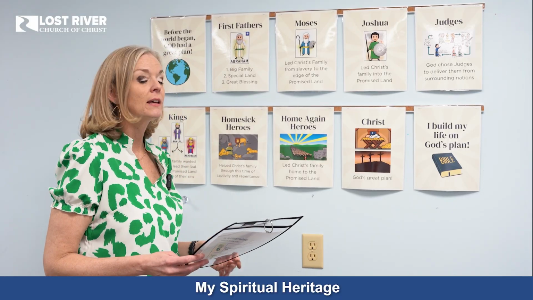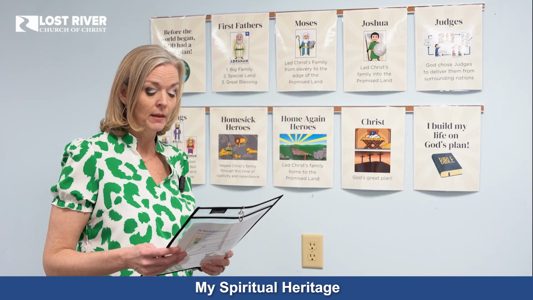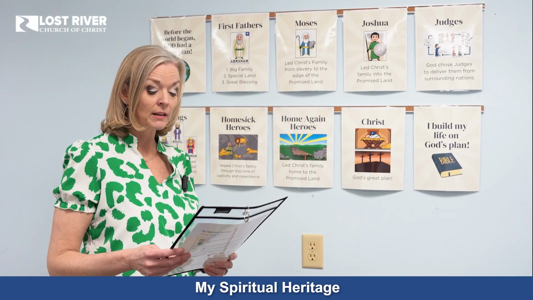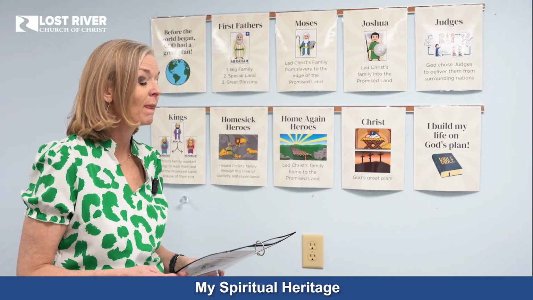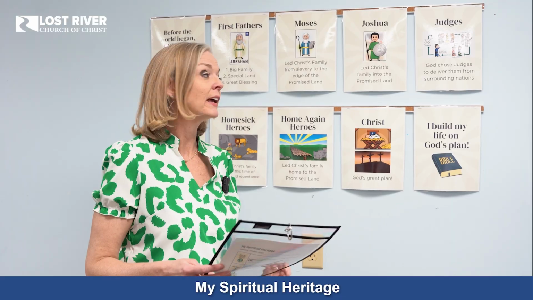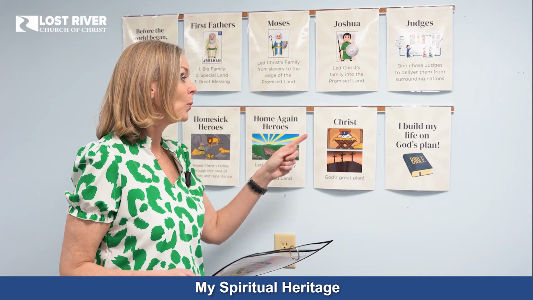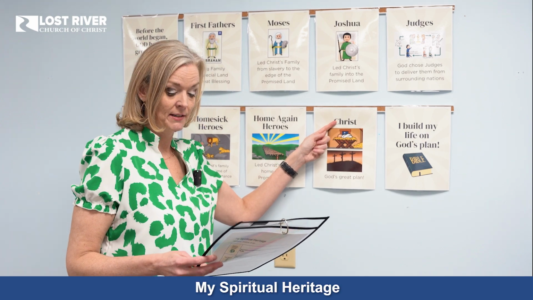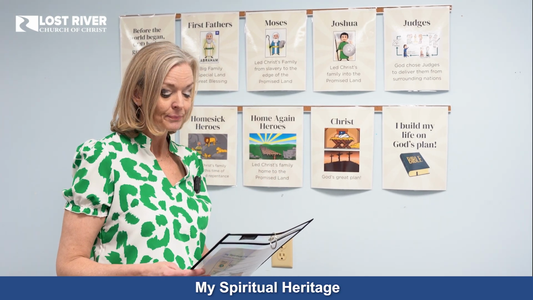God had promised them a great blessing would come from their big family in that special land. And God always keeps his promises. The big family then waited in their special land for a great blessing that would come, which was Christ. That was God's great plan.